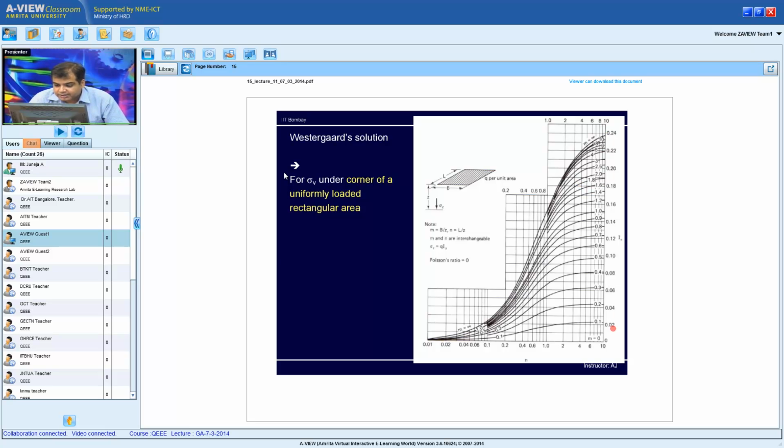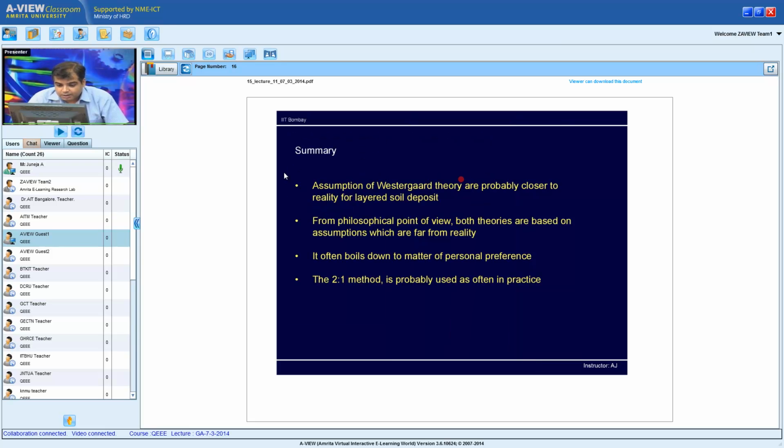I'm not sure if you can read these values on your PowerPoint projection, but once you go home please download this file and then you can go through this presentation at leisure. This was the only way I could display the whole figure onto one single slide.